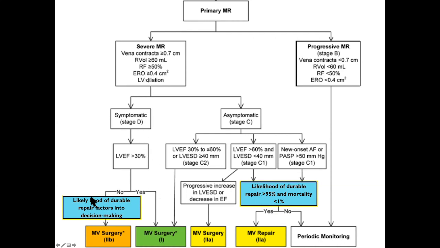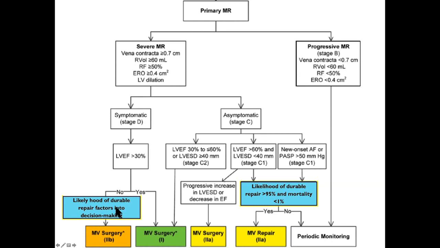The same consideration is taken into account in patients who have symptomatic severe mitral regurgitation with ejection fraction less than 30%. In order to decide whether these patients should go for surgery because they are higher risk, you do need to consider the likelihood of a durable repair.